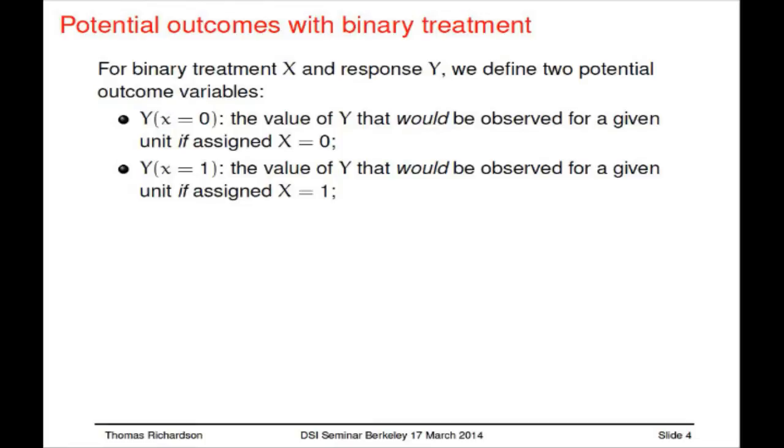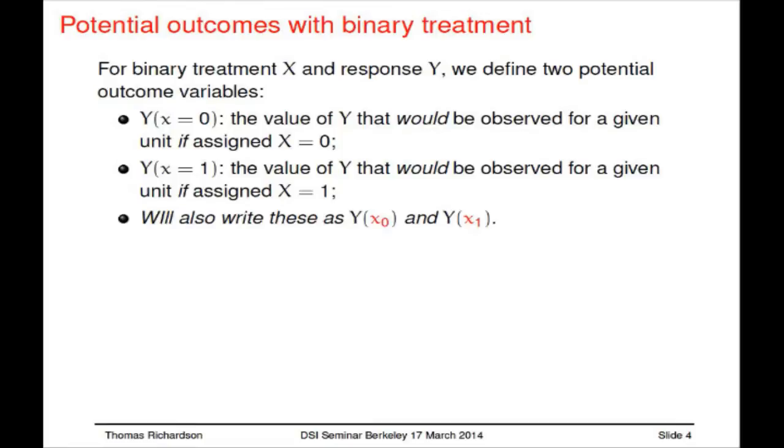Okay? And these are just two different random variables. So the parentheses here are not indicating a realization. They're just indicating two different random variables that happen to have these two different names.